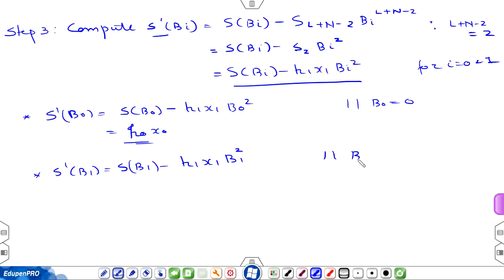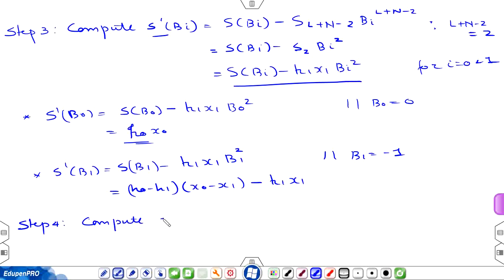So beta 1 is minus 1, so that is equal to h0 minus h1 into x0 minus x1 minus h1 x1, and minus 1 square is plus 1. So in the next step you have to compute S prime P using Lagrange interpolation formula.